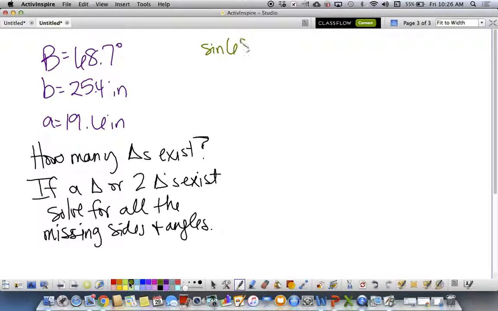So sine 68.7 over 25.4 equals sine A over 19.6.